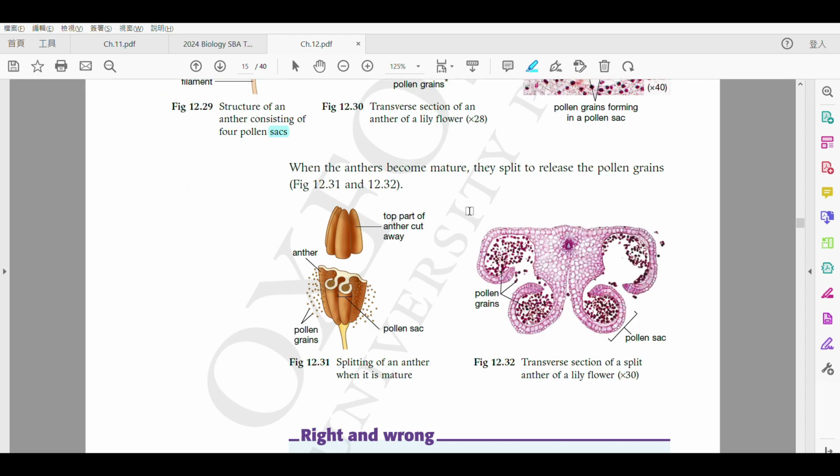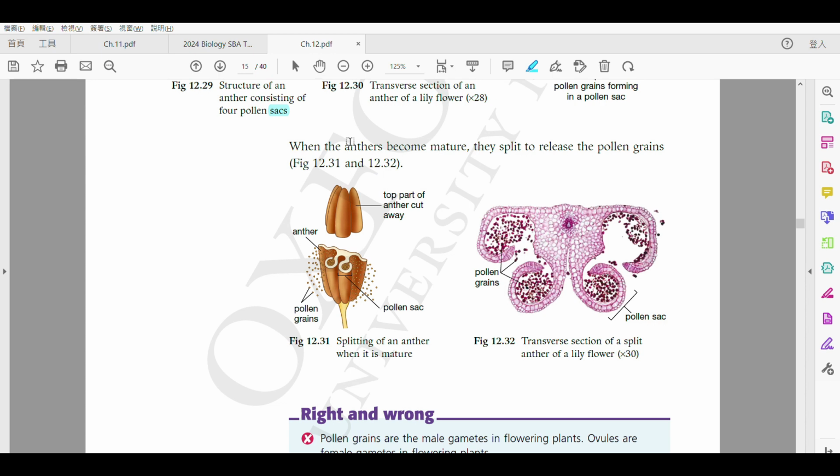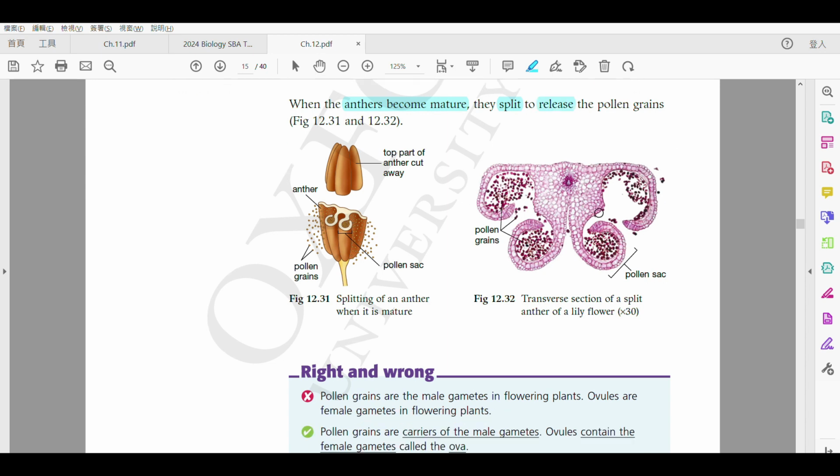So the last part. When the anther becomes mature, they will split. They will split to release the pollen grains inside. Of course, the pollen grains will be carried by insects or by wind.